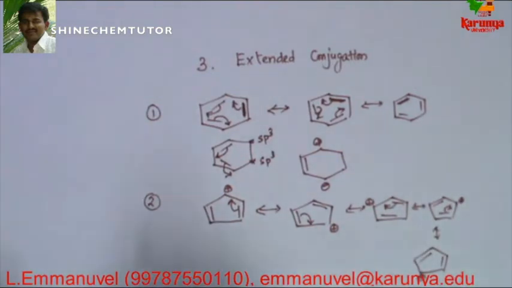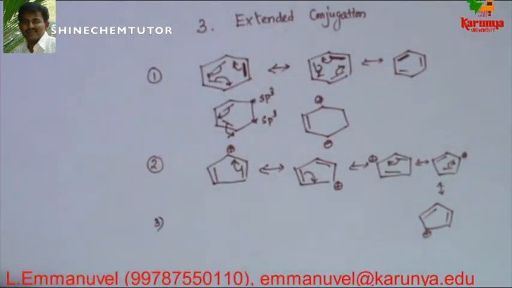So now the plus charge is present on all the carbon atoms. You can see that very clearly here. So not only delocalization of double bonds, you can see this positive charge delocalize also.